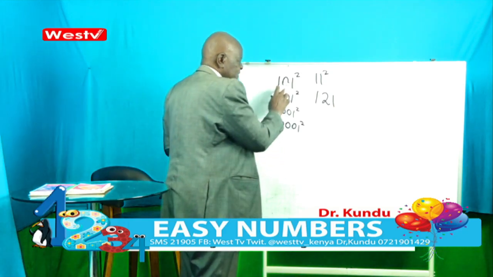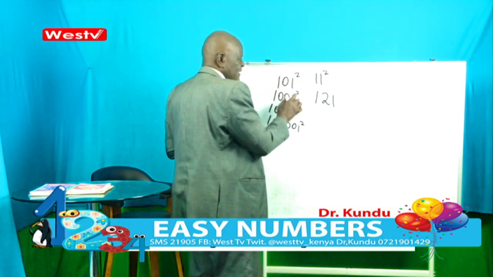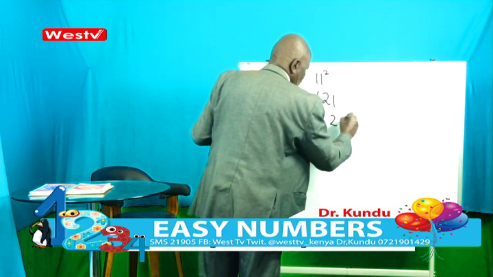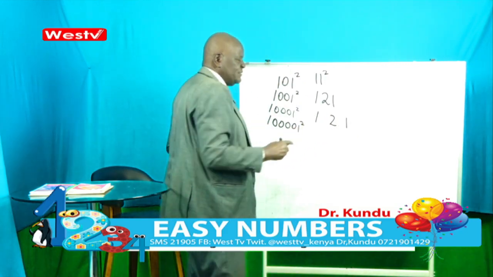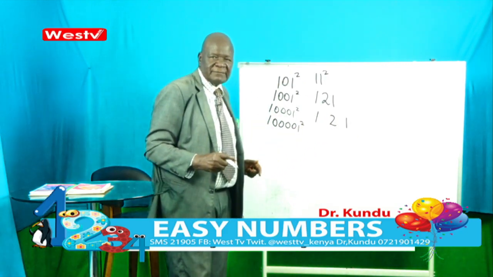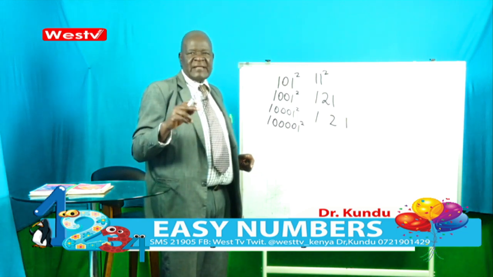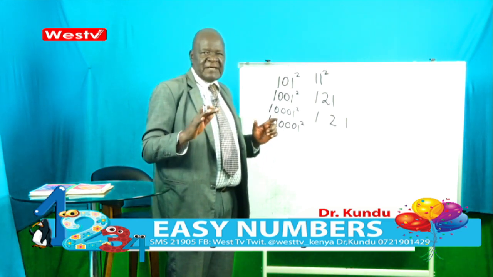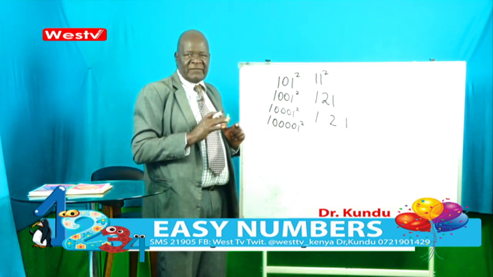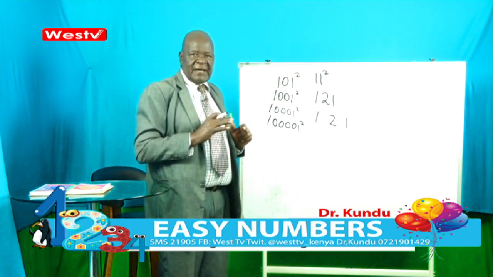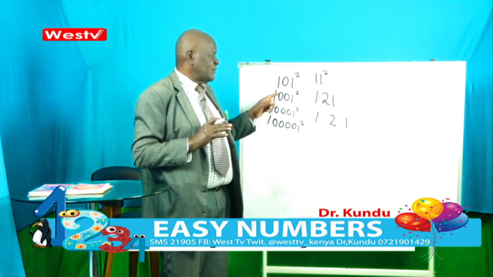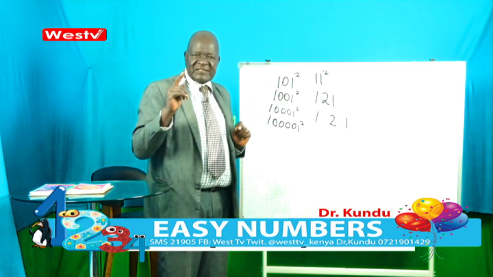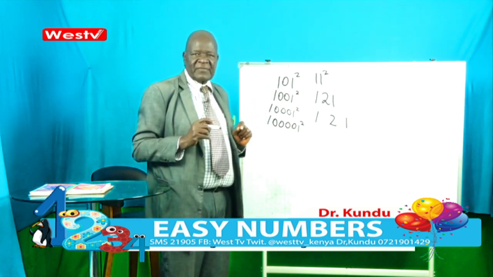Assume there is no 0. You are squaring 11. You come to the answer 121. You see, I'm now spacing my 121 as 1, 2, 1. Once you have gotten that, that is the square of 11. Now, because you are not squaring 11, you are squaring 101, which has one 0 in the center.